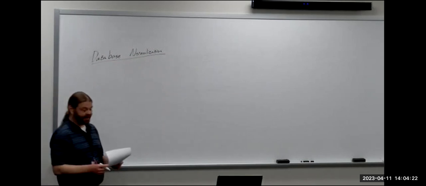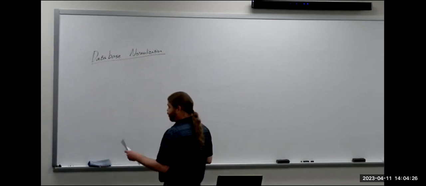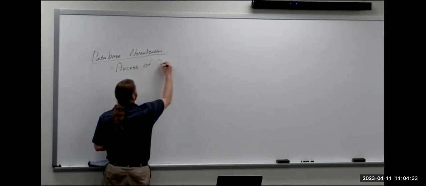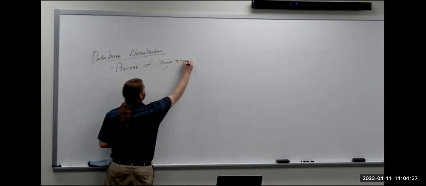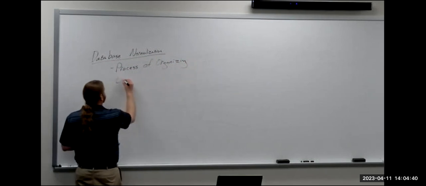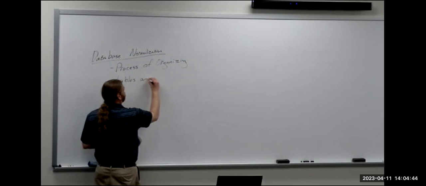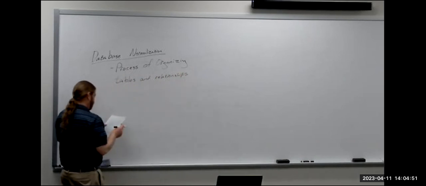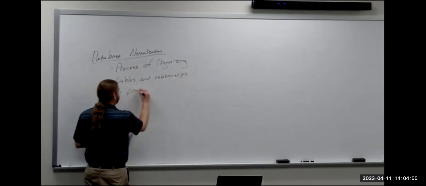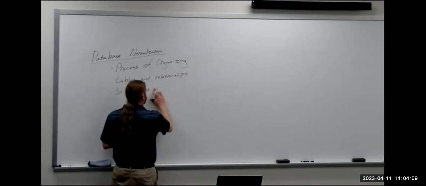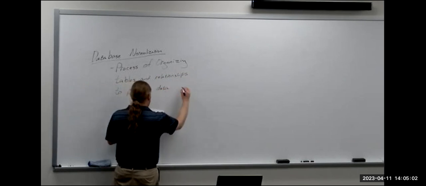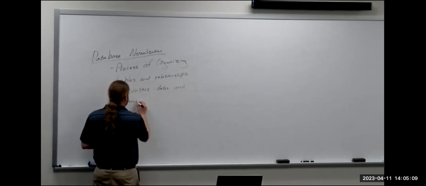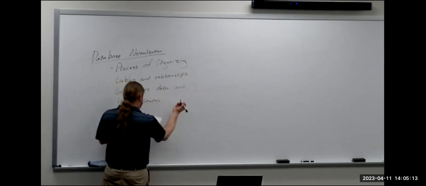Let's pull out the notes so I don't go off on a page somewhere. So normalization is the process of organizing tables and relationships to protect data, increase search flexibility.